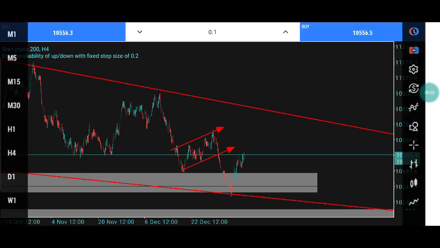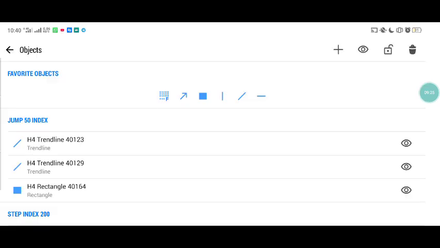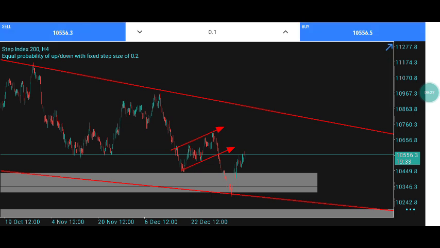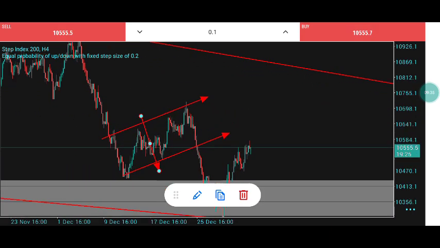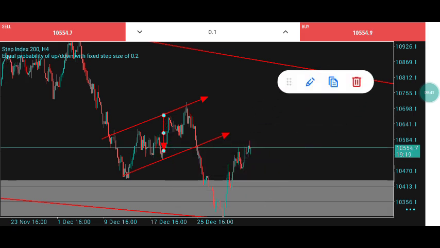Let's measure if the first TP and the second TP were reached. I told you to usually take the first TP: measure the inside of the channel and place it like this. The first TP was reached.